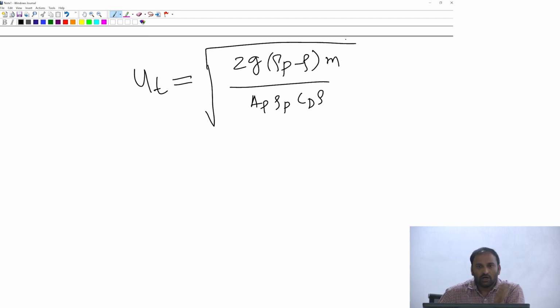Now, the equation that we wrote is a general equation that is valid for objects of any shape. We really did not make any assumption that the particles are spherical or cylindrical or whatever. So the one-dimensional equation of motion that we wrote, let's go back.